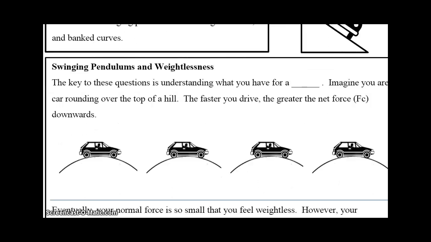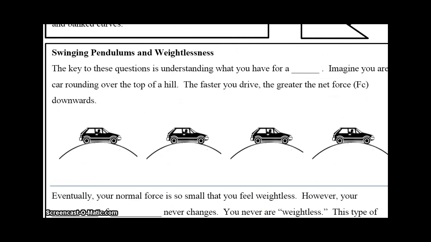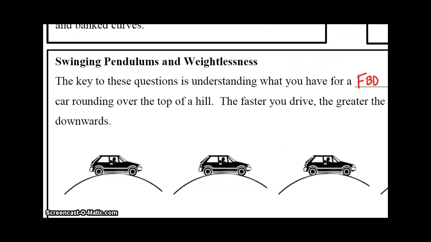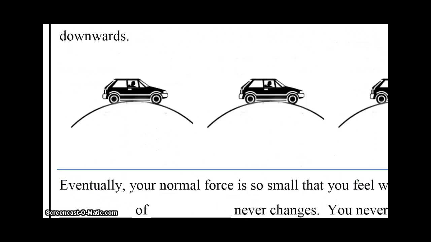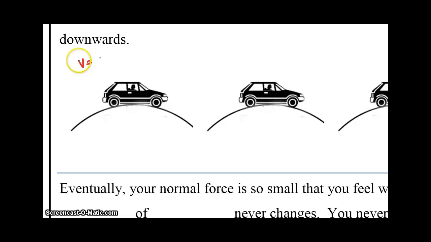Okay, let's go through an example here with a car running a curve. The basic understanding to really look at this is we need a half decent free body diagram. Doing a good free body diagram helps explain to us what's going on. Here's the first scenario: we have a car going slow, with some force of gravity.